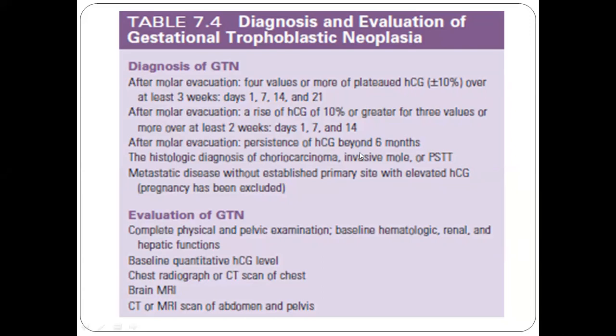So these patients, once the diagnosis is made, need to have an evaluation so that you're able to place them in the correct category for purposes of treatment. The investigations we need: one, a complete physical and pelvic examination, because these patients tend to have vaginal metastasis, which can bleed a lot. Need to have a baseline beta HCG level, because you'll use this as a scoring parameter in placing the patient in the right category of treatment.